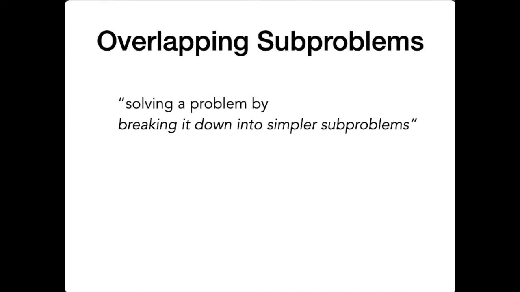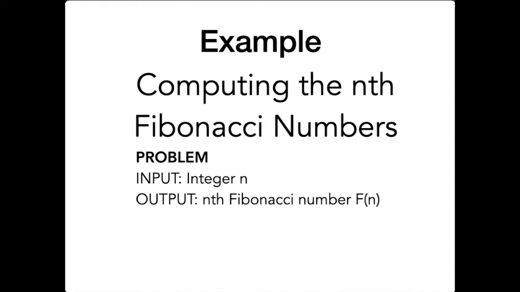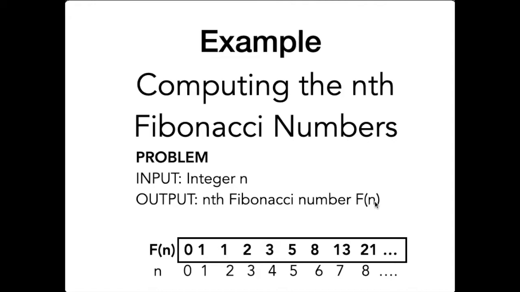To illustrate the first characteristic, that is the overlapping subproblems, let's use the Fibonacci sequence. The problem is, given an input that is an integer n, we output the nth Fibonacci number denoted by capital F of n. Suppose our input is 3.